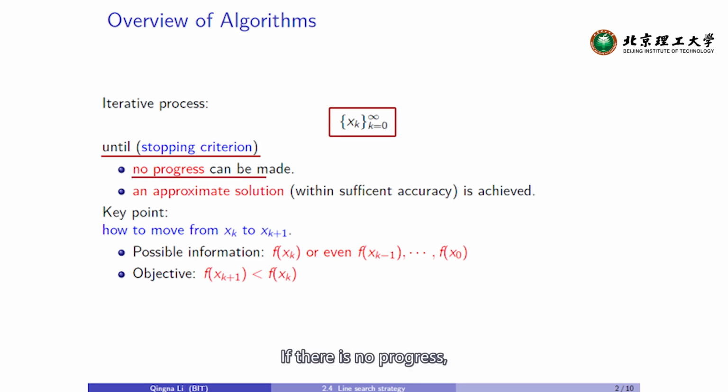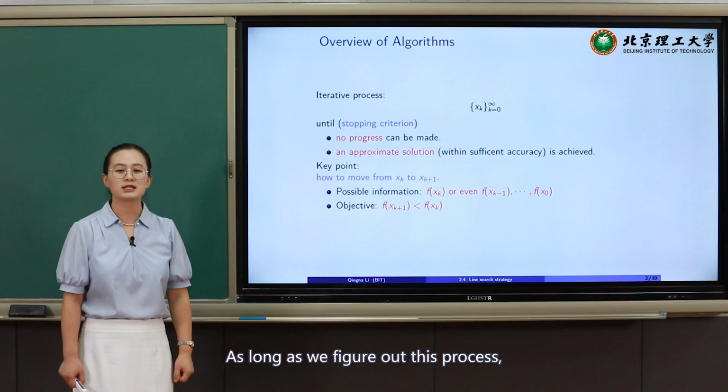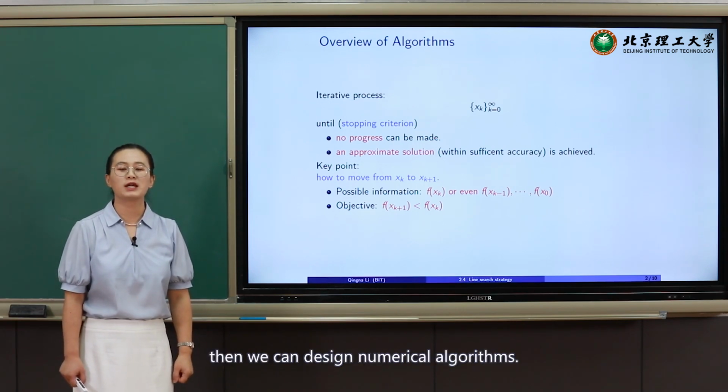If there is no progress, then we will stop the iteration, or if we reach an approximate solution, then we will also stop the iteration. Now, as we mentioned before, the key point is how we move from xk, the current iterate, to the next iterate, xk plus 1. As long as we figure out this process, then we can design numerical algorithms.